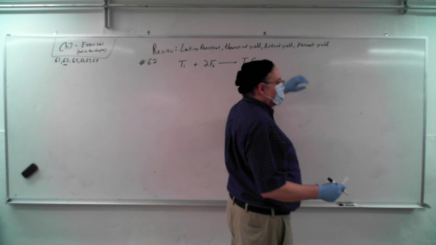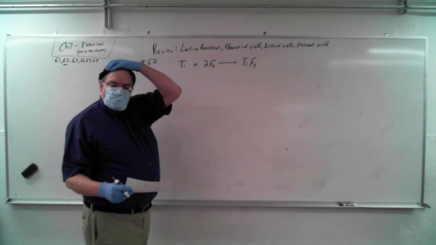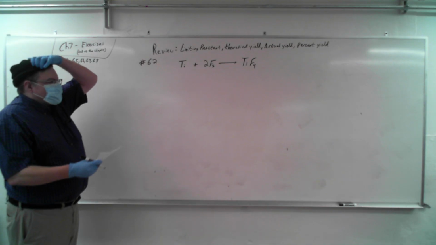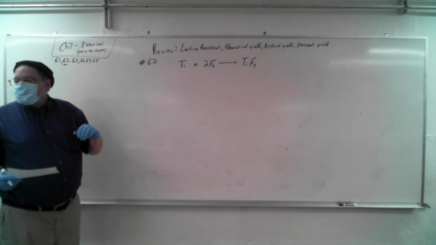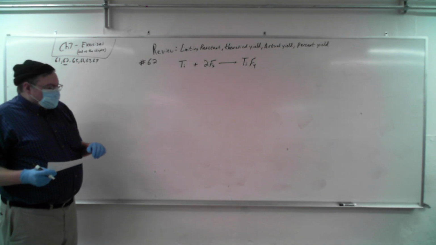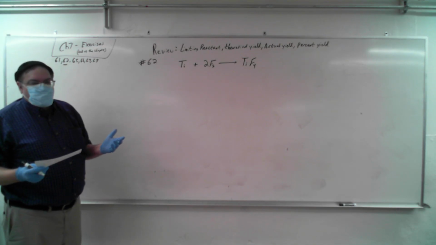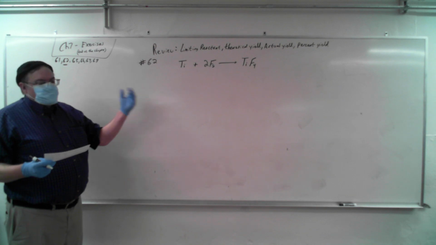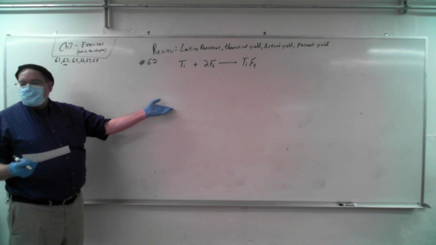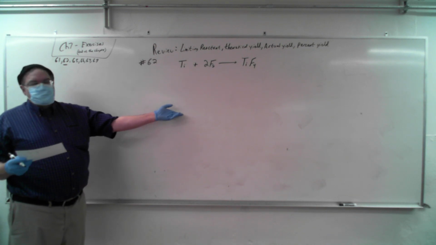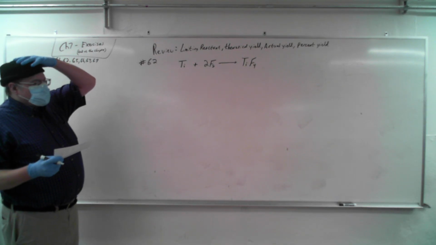And the actual yield is usually what's given. So if it gives you an actual yield, you just have to recognize it for what it is. But of course, the long walk is finding the theoretical yield. You go through kind of a long walk to find the limiting reactant, and then you got to go through kind of a long walk to get the theoretical yield.